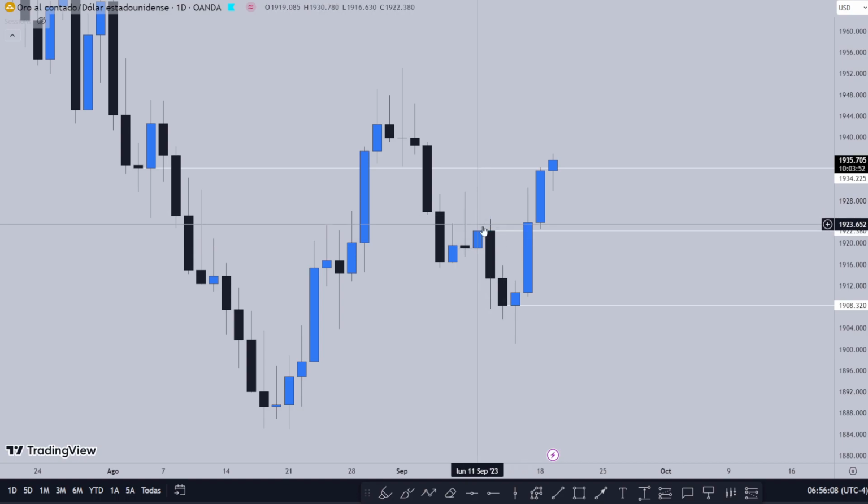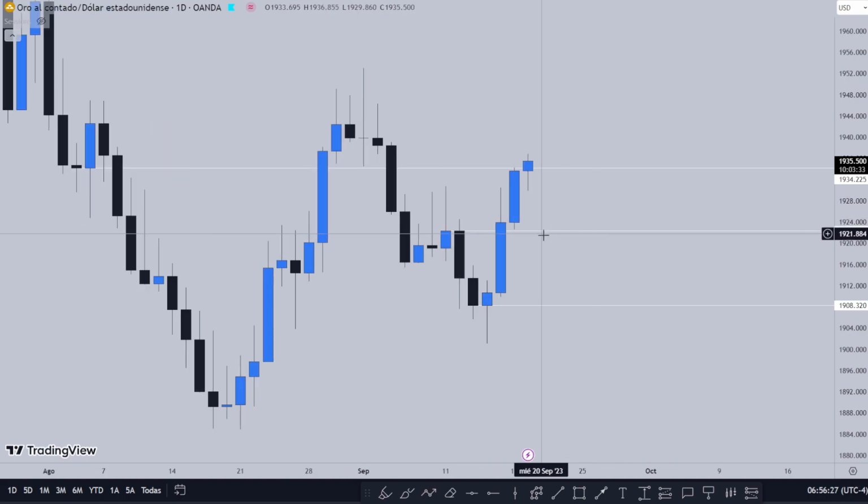Why this level, you may ask? Well, this 1922 forced, or there's something, I don't know what, that forced price to go to the downside. That's important to me. Why this level specifically?